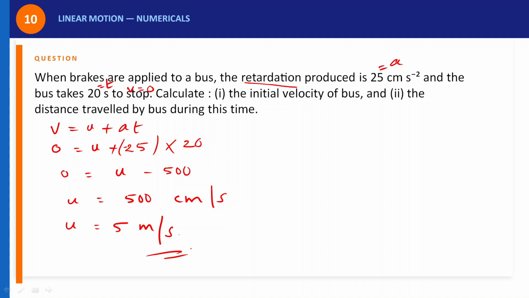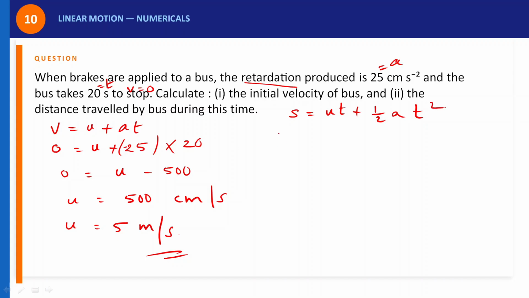Okay, let's find the distance covered by the bus in this time period. I will use the kinematic second equation. That equation is S equal to ut plus half at square. What is S?